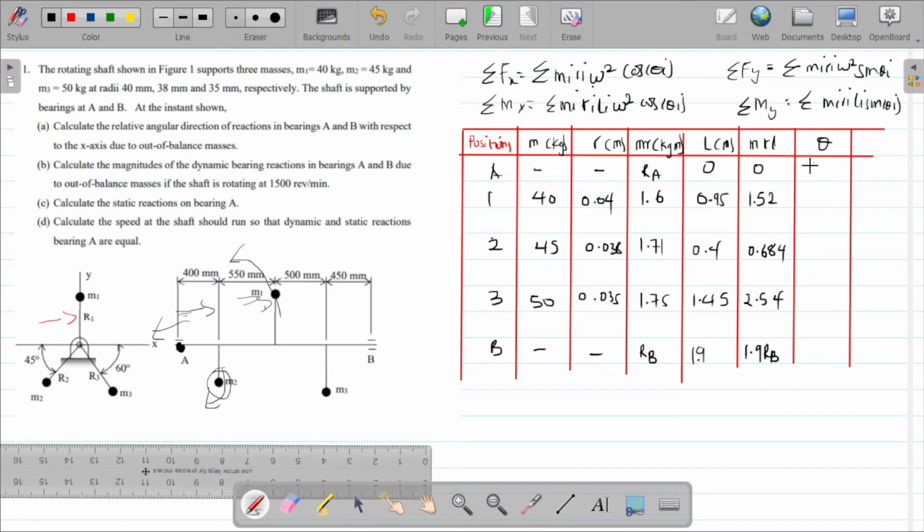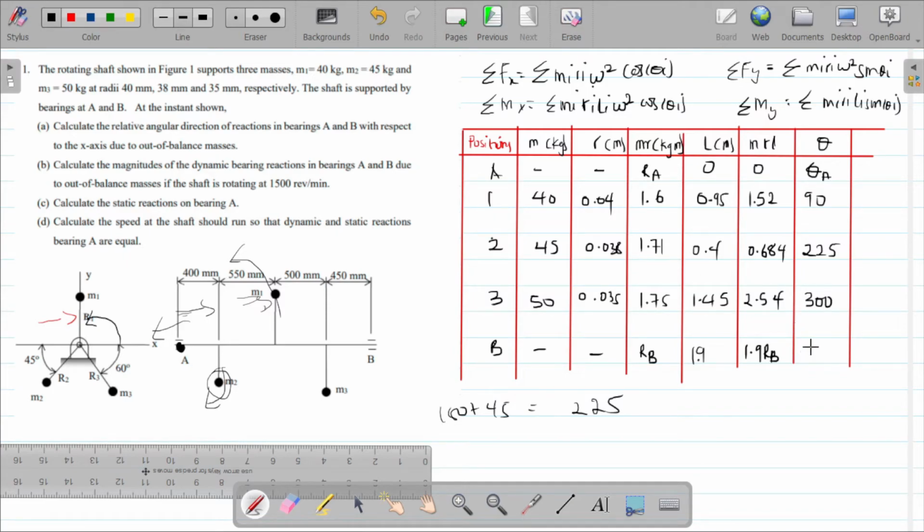The angular orientation, this is theta A for mass 1, from the positive x-axis is 90. Mass 2, we have 180 plus 45, so 180 plus 45 will be 225. And then mass 3 is 300.